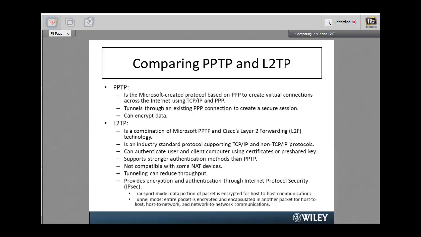Now we compare between the two protocols, PPTP and L2TP. PPTP is a Microsoft-created protocol based on PPP to create a virtual connection across the internet, tunneling through an existing PPP connection to establish a secure session, and it can encrypt the data.